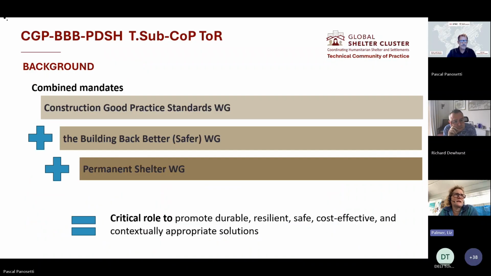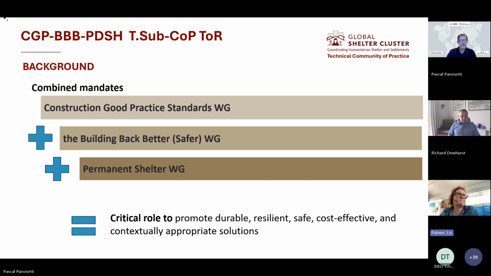As I mentioned, the three working groups were combined to establish a critical role to promote durable, resilient, safe, and cost-effective shelter solutions, contextually appropriate, and with a big push towards construction practices in the sense of looking at sustainability, durability, and resilience, but as well making sure that this is safe, the investment is accountable, and that the long-term maintenance is embedded in all of our programming.